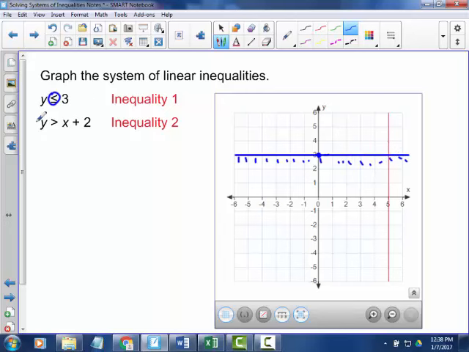Okay. And then y is greater than x plus 2. So we'd start here at +2. Rise 1, go to the right 1, because our slope is 1. Our symbol is strictly greater than, so we're going to have a dashed line.